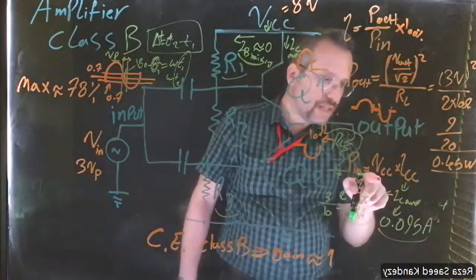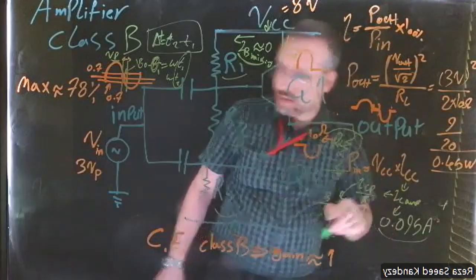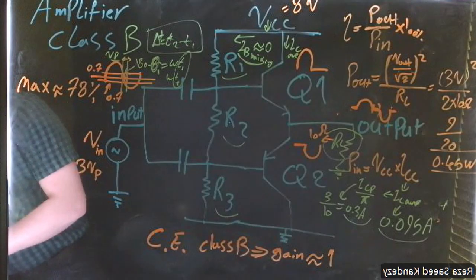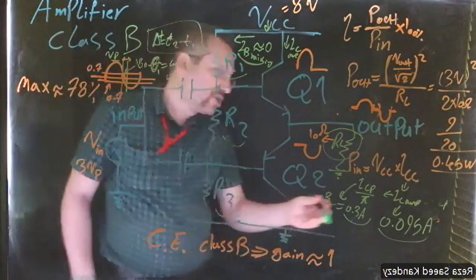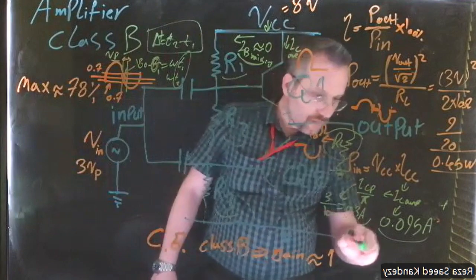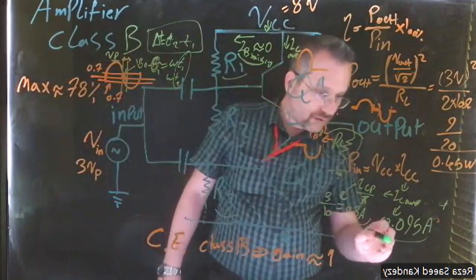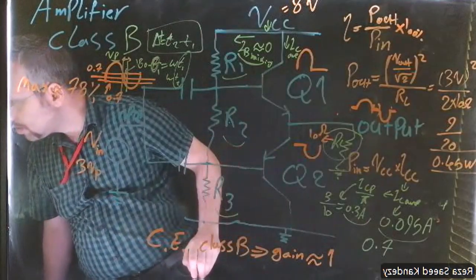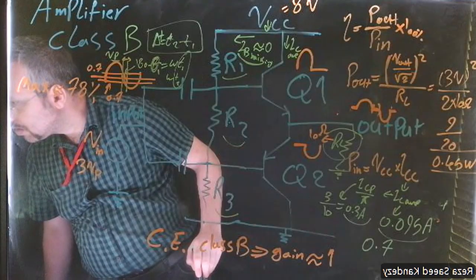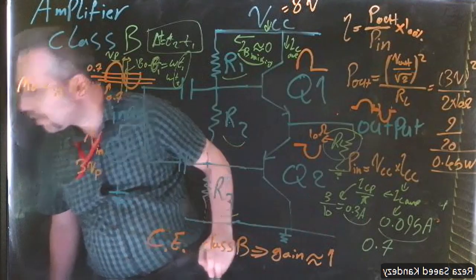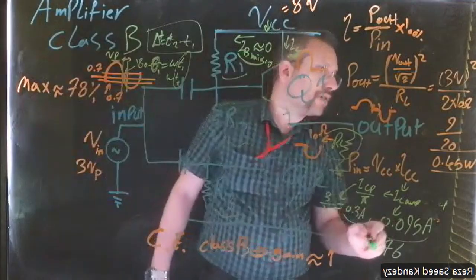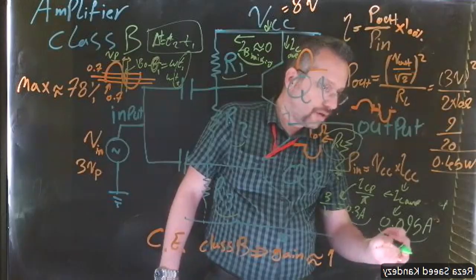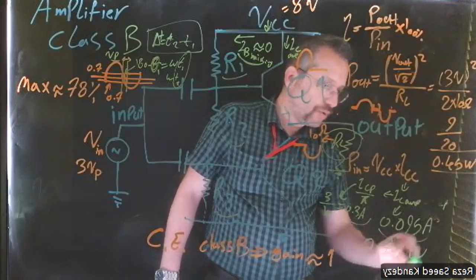Now, VCC is 8, so it's going to be 8 times that value, which is 0.095, giving 0.76 watts. Okay, so this is our input.